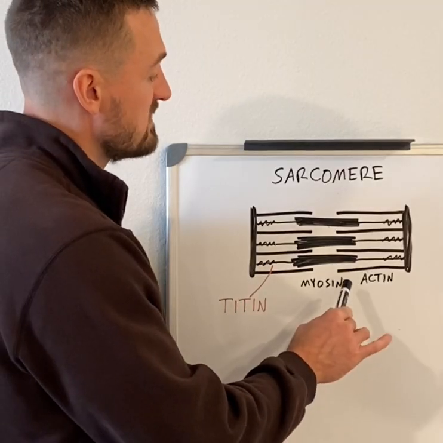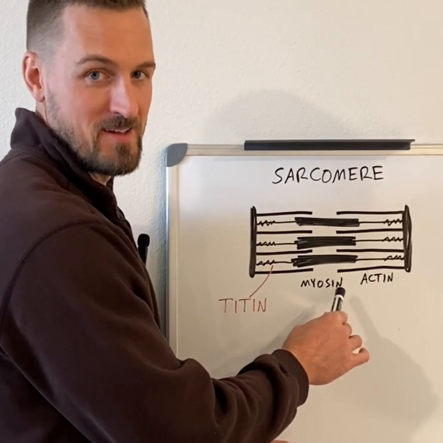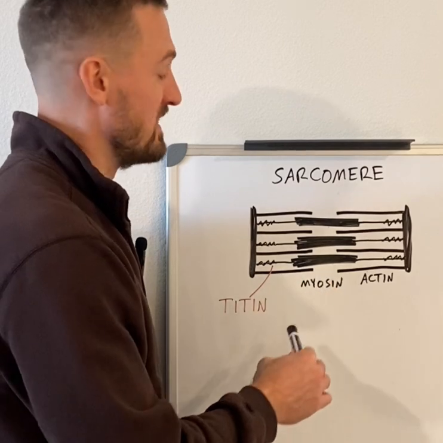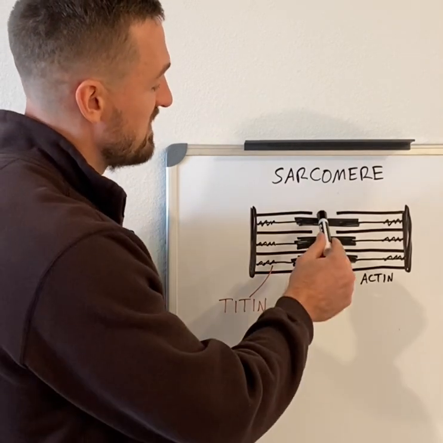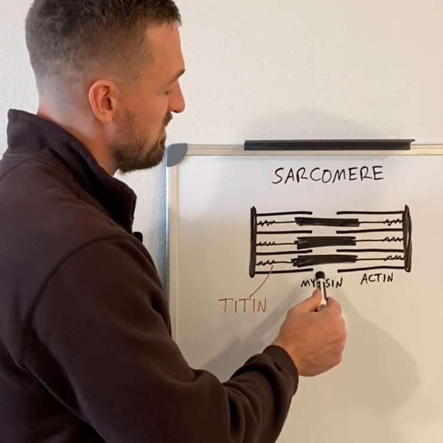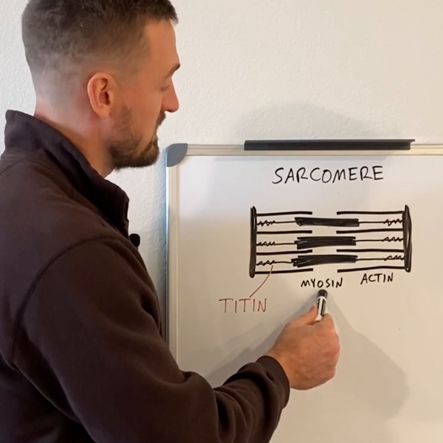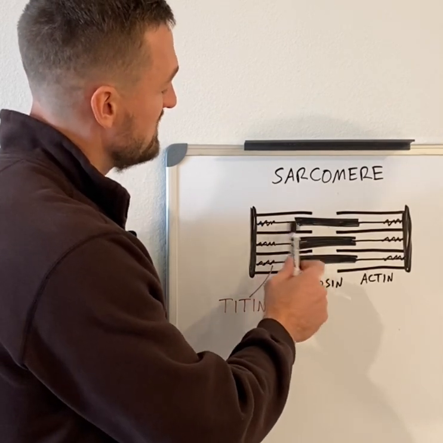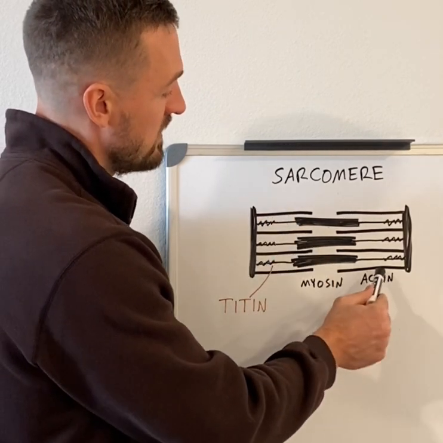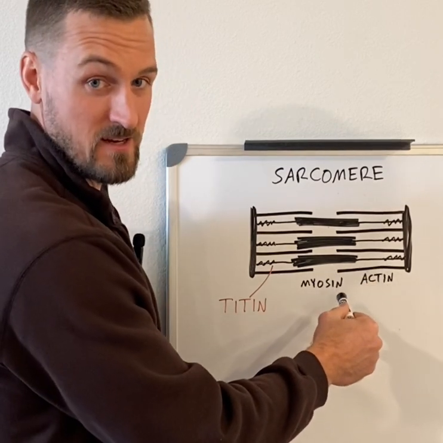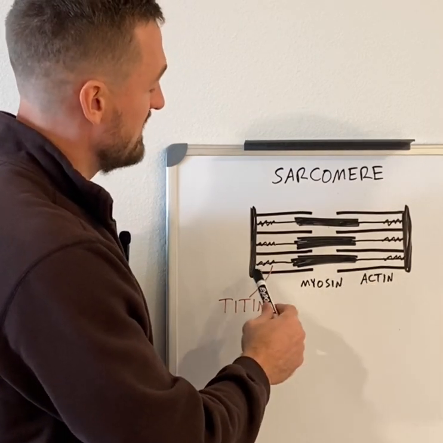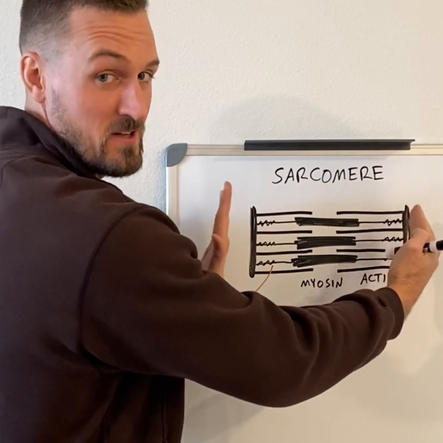There are 3 different proteins that we're going to look at. We're not going to do all the details here. In the middle, you have this thick filament, which is made up of myosin protein. On the sides here, you have the thin filament, which is made of actin protein. The actin is attached to these discs on the end.